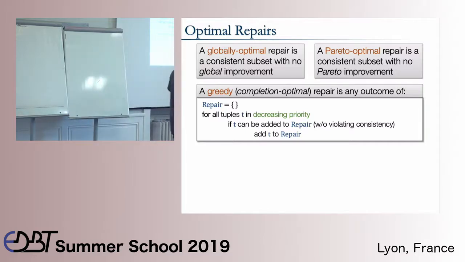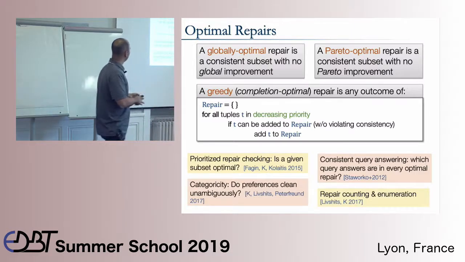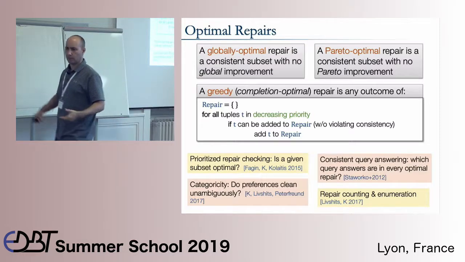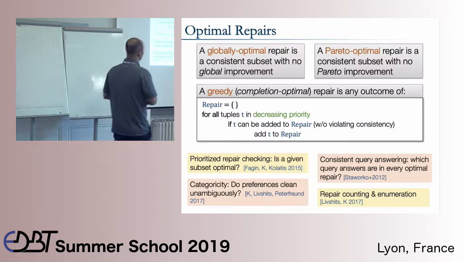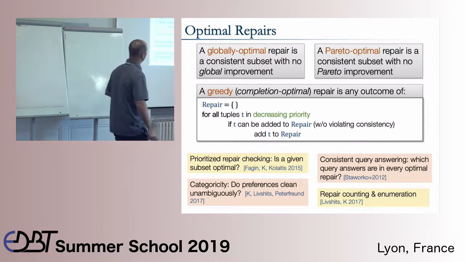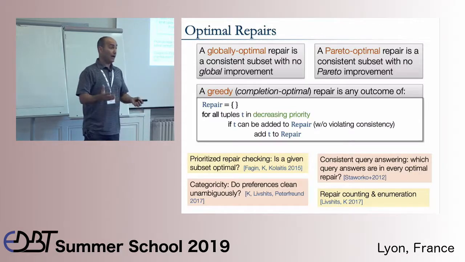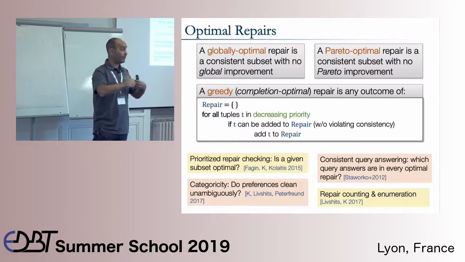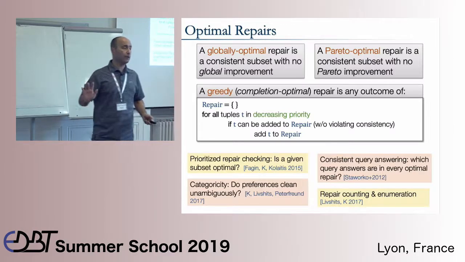Okay, so this gives you semantics, and the research around that has been on all sorts of problems like consistent query answering, what are the answers that are true in every optimal repair, and repair checking, is a given subset an optimal repair, and counting and enumeration. Or is it the case that the preferences define exactly one optimal repair, like they have sufficient preferences to fully clean the data without ambiguity?